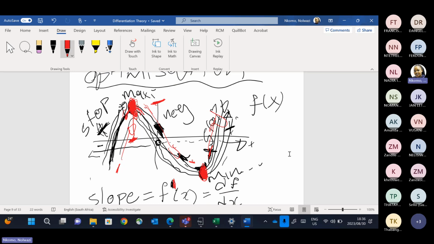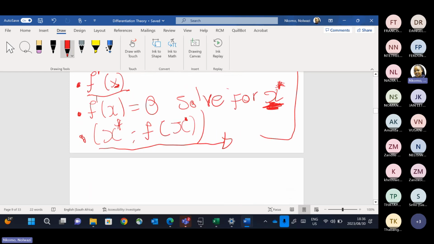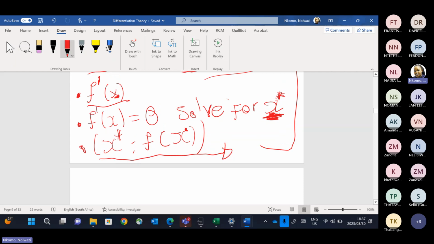This is how you will find the nature of the turning point. To find the nature of the turning point, you need to find the second derivative. We have the first derivative. You need to differentiate this derivative, the first derivative.